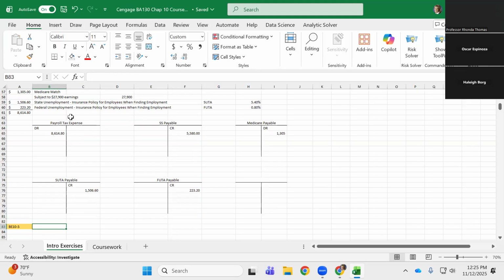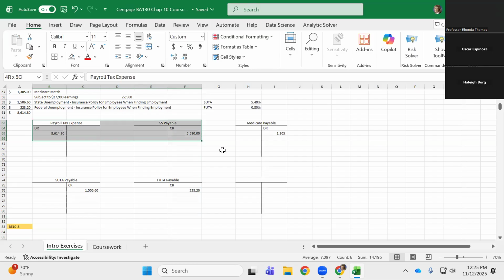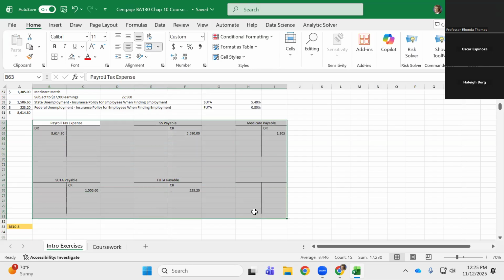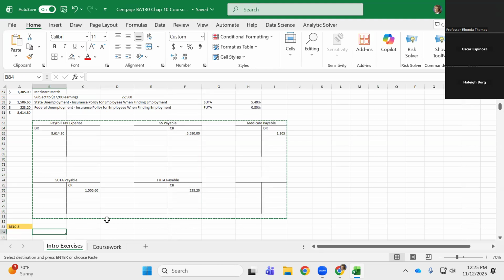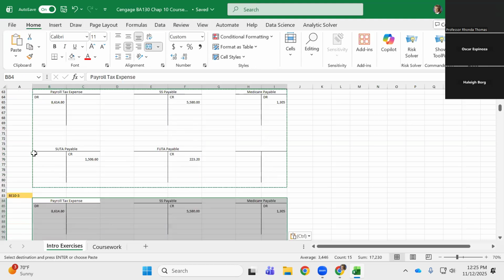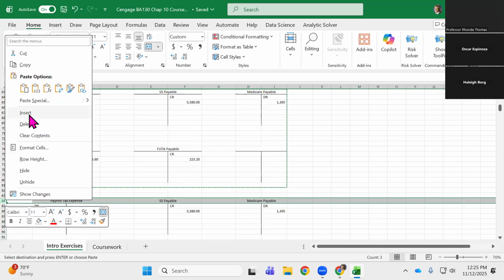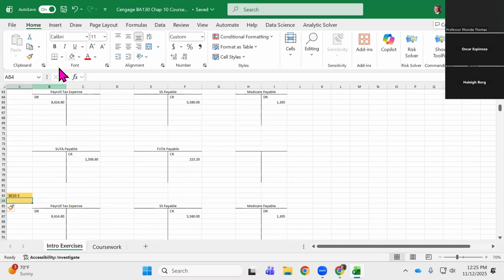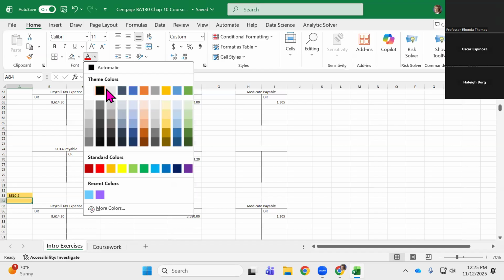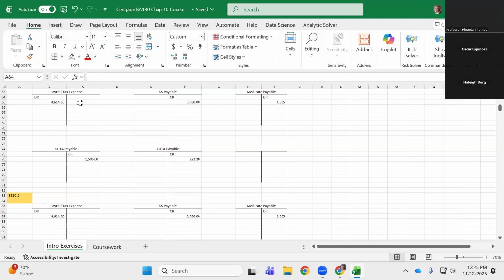I don't want to do this again. So one more time, I'm going to grab some T accounts here and bring it down so we can see these journal entries. This has to do with vacation and pension, and it's going to involve payables for both of these as well, because you've got to set aside an estimate.